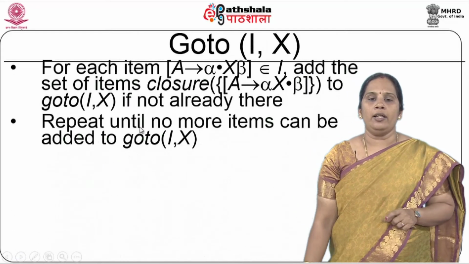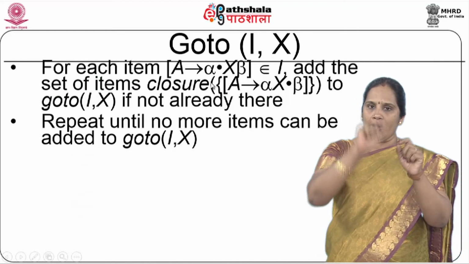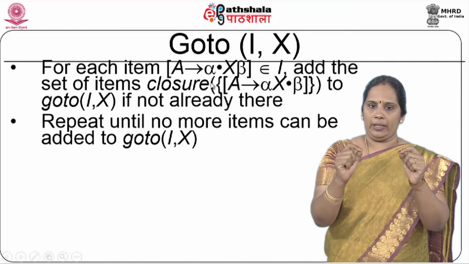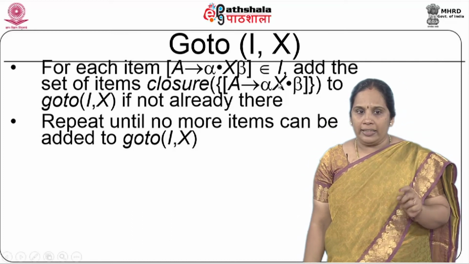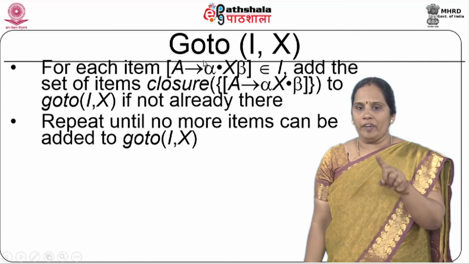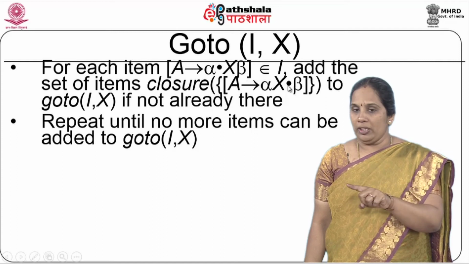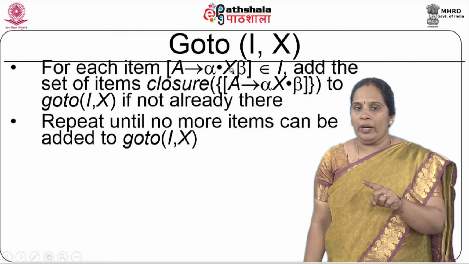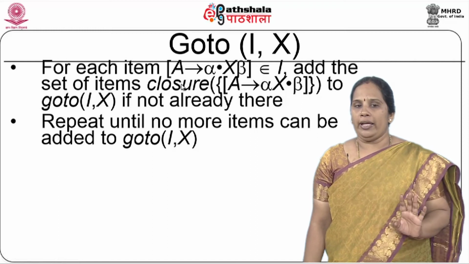So, repeat until no more items can be added to goto of I comma X. So, you shift the dot by one position, that is the first element, and then you have to consider, if you remember, that this is add the set of items closure of this, in the sense that first you add this item, you shift the dot by one position, and for this as an argument you call closure, okay. That is goto of I comma X.